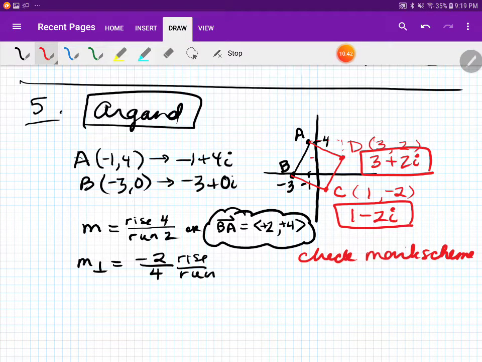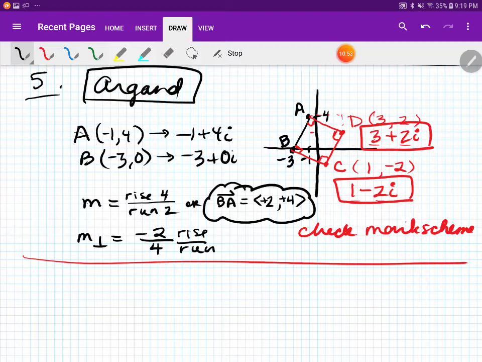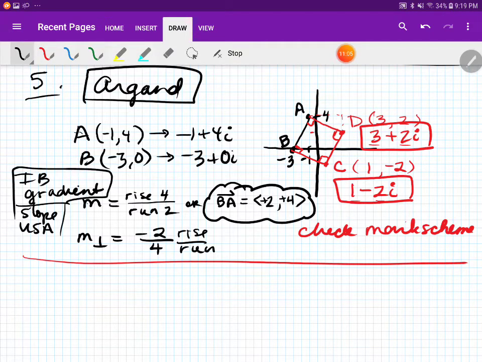Definitely the sides are the same, and I made them perpendicular, so it's a square. It's worth 4 marks, there are 4 numbers, so I feel like I'm good. Very strange question. Remember that the word gradient is in IB the word for slope in the USA. So slope, in IB, gradient.